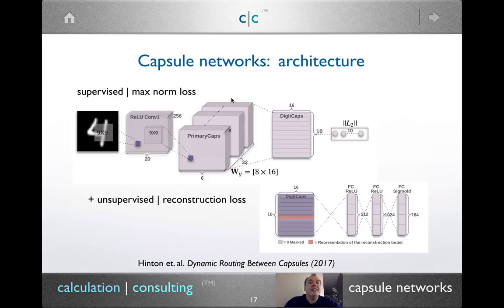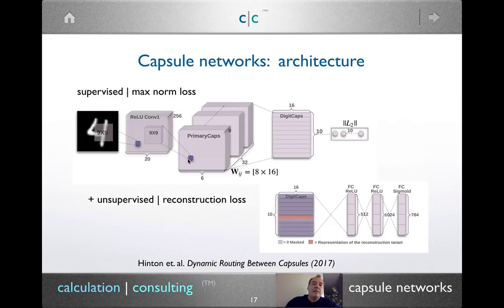All right, let's take a look at the architecture of a capsule network. We're going to take something like our original LeNet type architecture where we have images coming in. We have convolutional maps. The convolutional maps would normally be max pooled, but instead of max pooling them, we're going to convert the maps into vectors. We call these primary capsules.